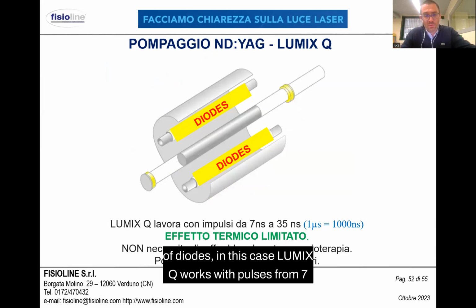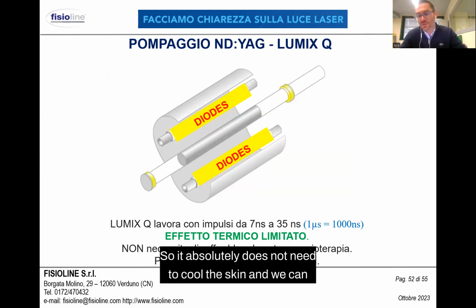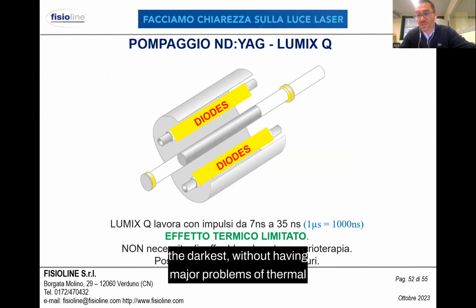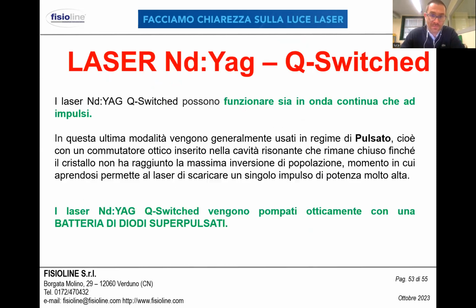In this case Lumix Q works with pulses from 7 nanoseconds to 35 nanoseconds. So it absolutely does not need to cool the skin, and we can work with these very small pulses on all phototypes, even the darkest, without having major problems of thermal effect from the point of view of using the technology.